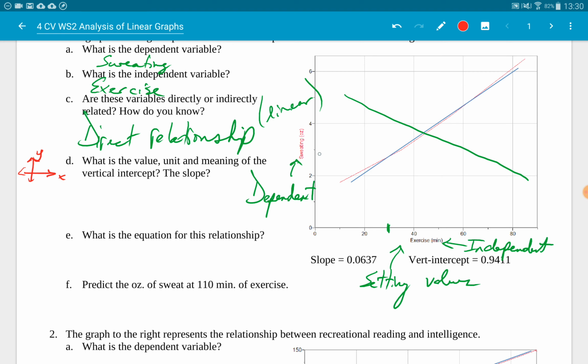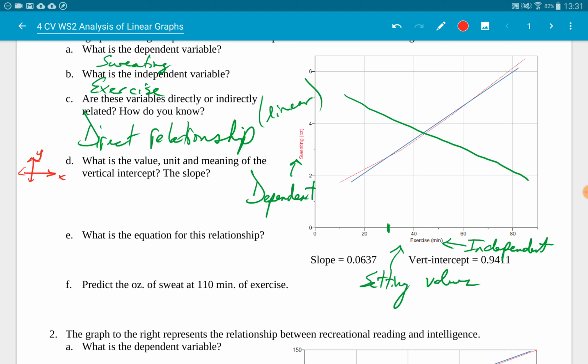And then notice at this graph, we're not graphing y, the generic variable y, on the vertical axis. We're graphing sweat. And on the horizontal axis, we're not graphing x, we're graphing a real variable, exercise. And so, okay, first and foremost, that's why I said vertical axis, and that's why I say horizontal axis. That's the generic way to describe that.